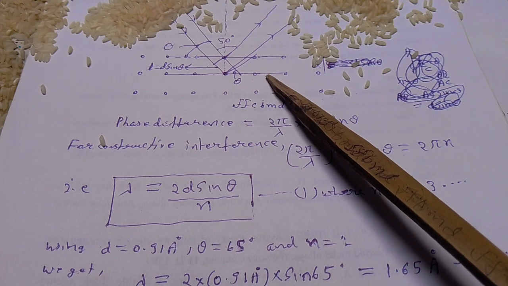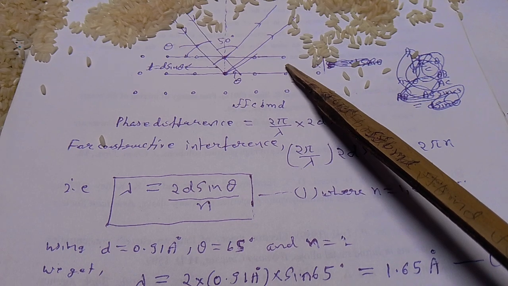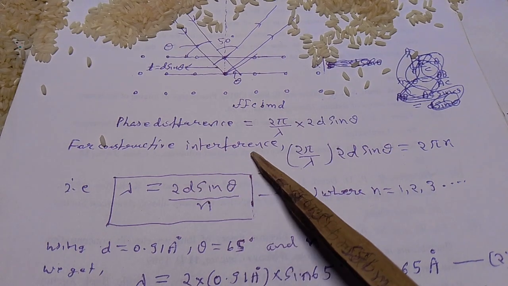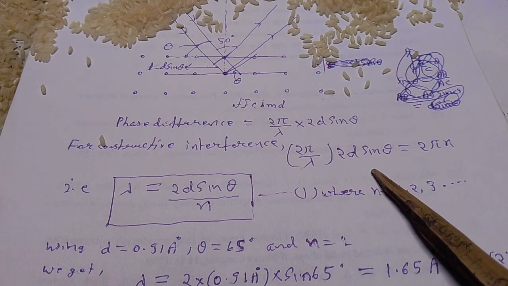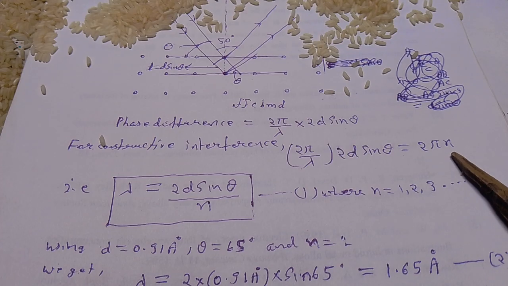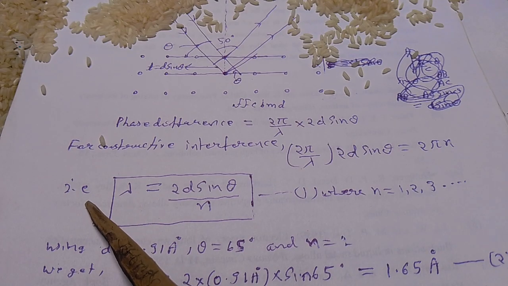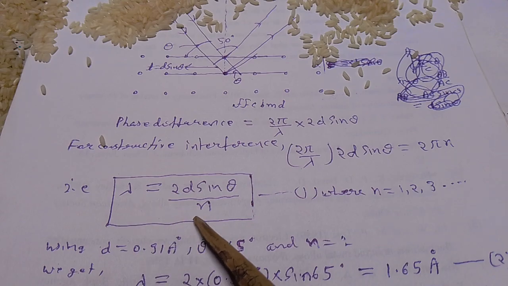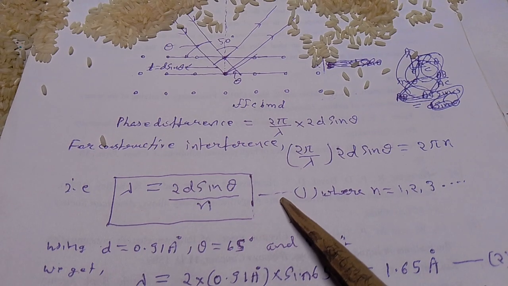Now for constructive interference, we can write 2 pi by lambda into 2d sine theta equals 2 pi n, which gives lambda equals 2d sine theta by n, where n equals 1 to 3. This is equation 1.